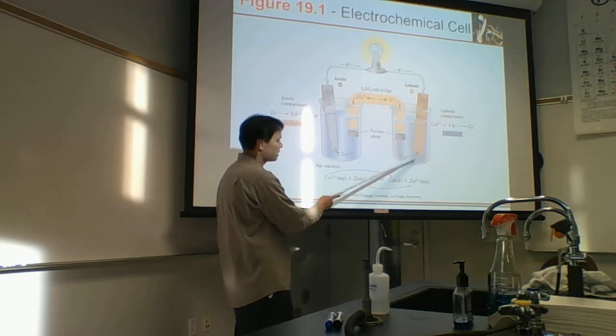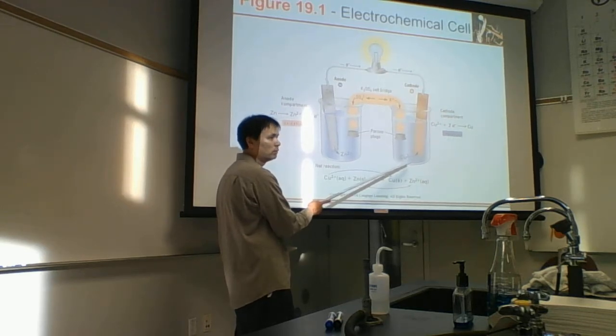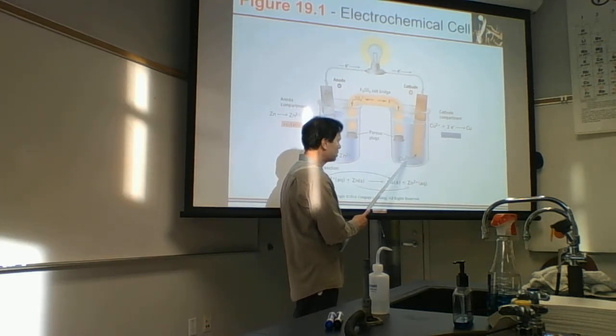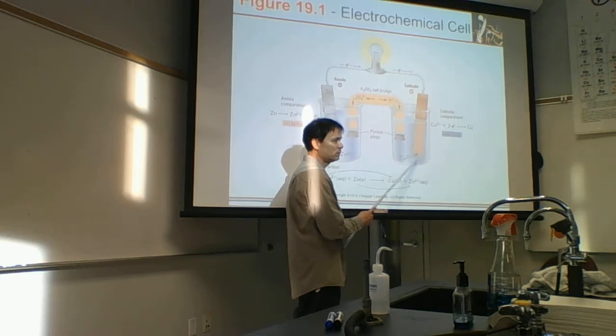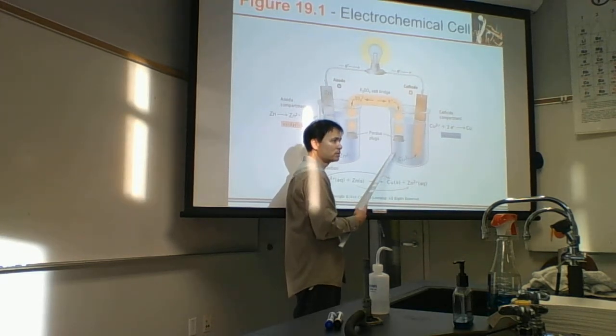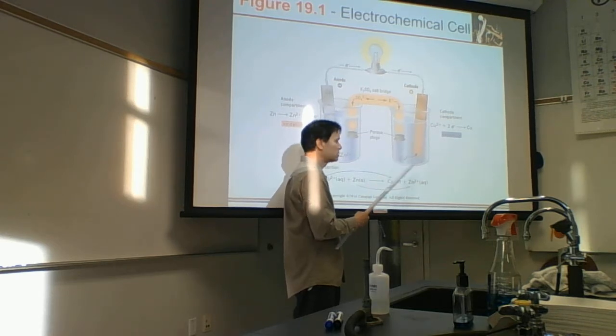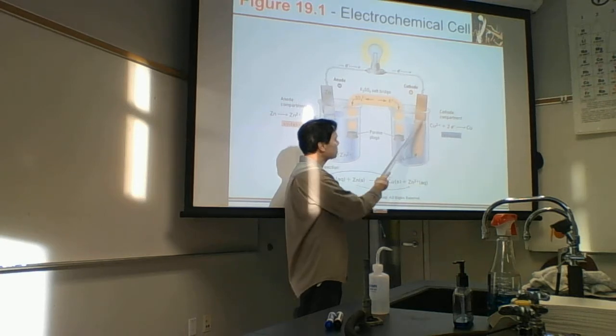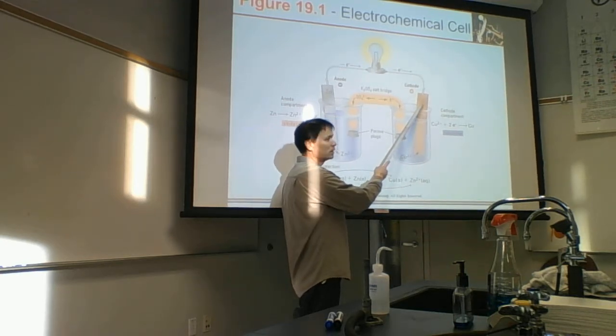And so what is the oxidizer? The oxidizer is copper 2. And what do oxidizers want? Electrons. So copper 2 is going to try to take electrons from water. Will it be successful? No. It'll try to take electrons from glass. Will it be successful? No. It's going to try to take electrons from this piece of metal called the electrode, which is made out of copper.